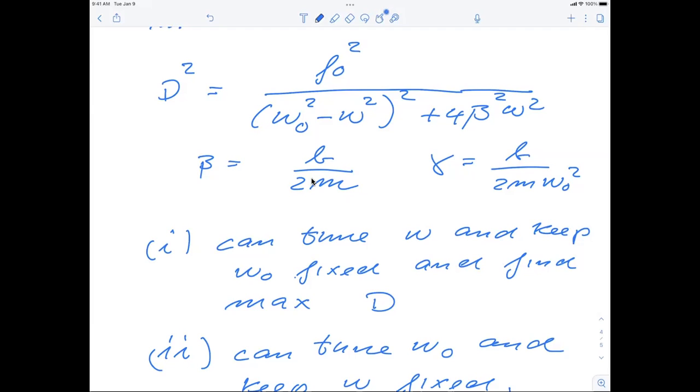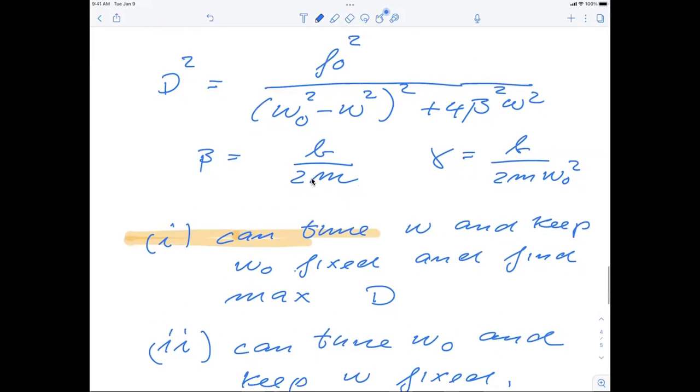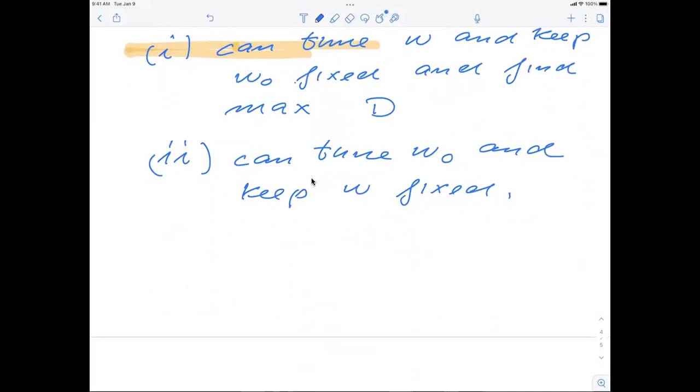So we said that the typical situation which we encounter is a situation like this, where we can tune omega and keep omega 0 fixed. So in order to find maximum D, we minimize the denominator.